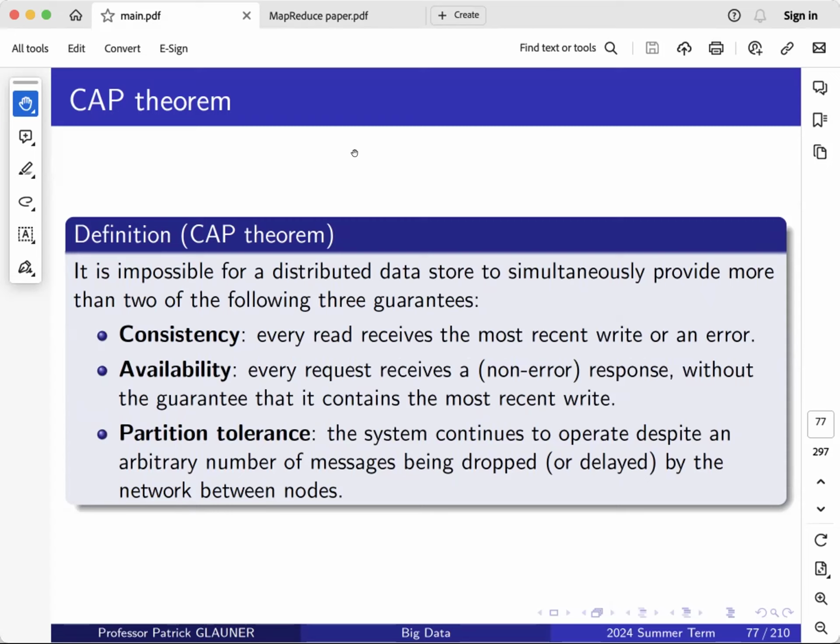We had looked at relational databases last week, and I mentioned ACID, the set of guarantees, which was atomicity, consistency, isolation, and durability. And you can have very large relational database management systems, and you can have them distributed among multiple nodes. What they pick is consistency and partition tolerance.